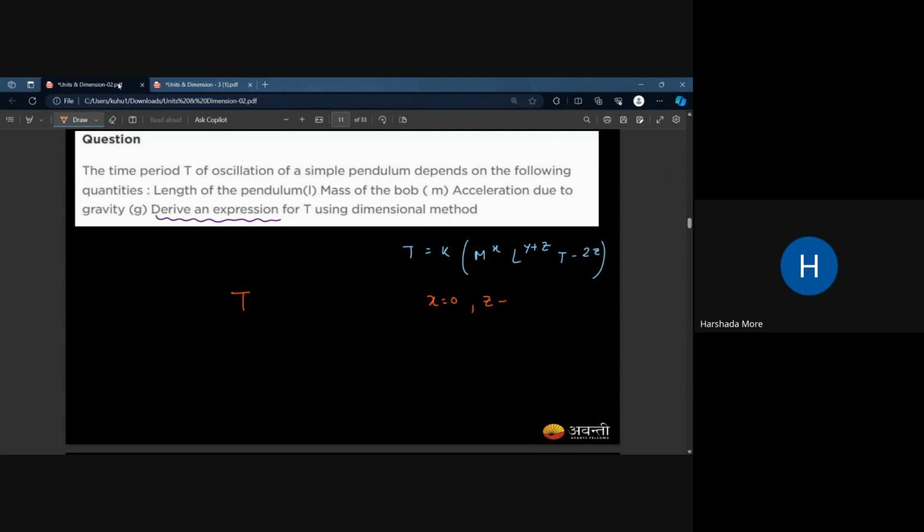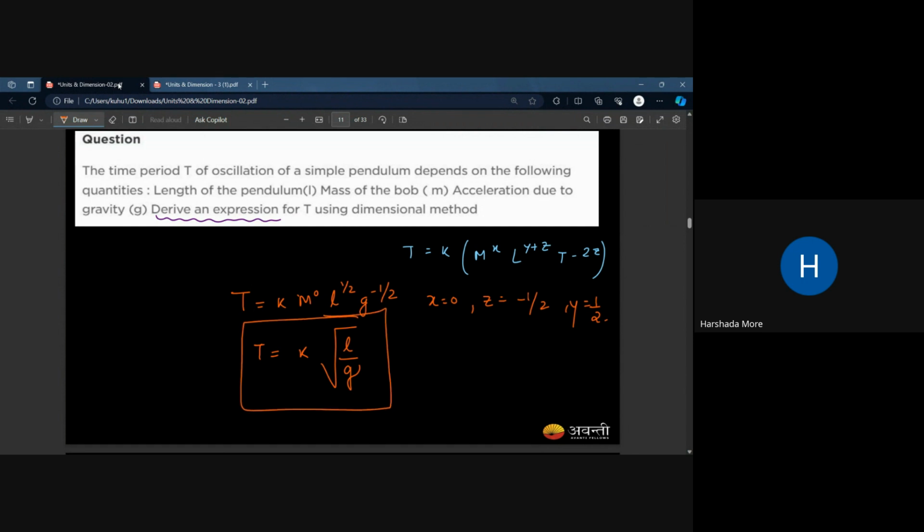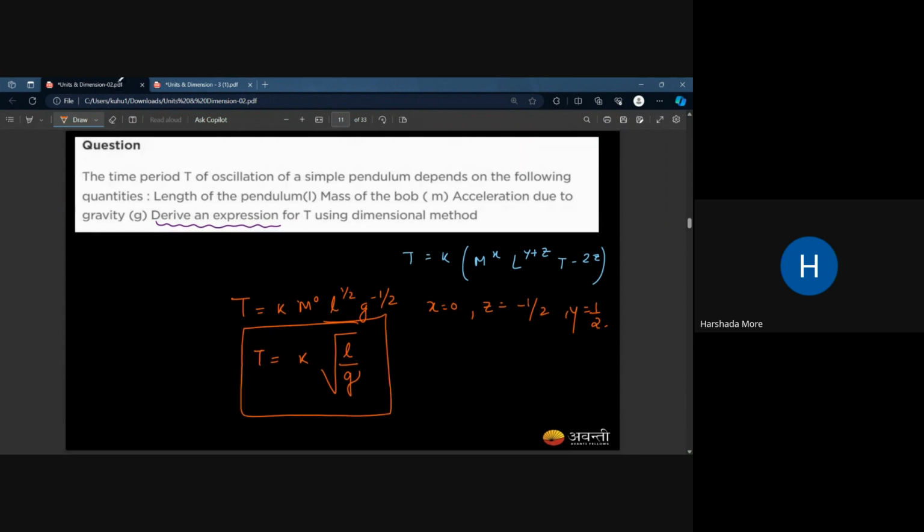Then I put these powers: T is equal to K, M raised to 0, L raised to 1 by 2 and G raised to minus 1 by 2. Power half means under root. So the formula is T is equal to K constant under root L upon G. The constant K is 2 pi for the time period. So the formula is T is equal to 2 pi under root L upon G.